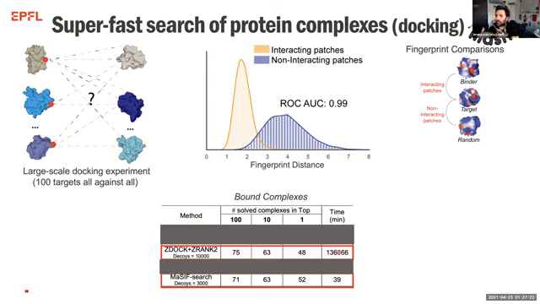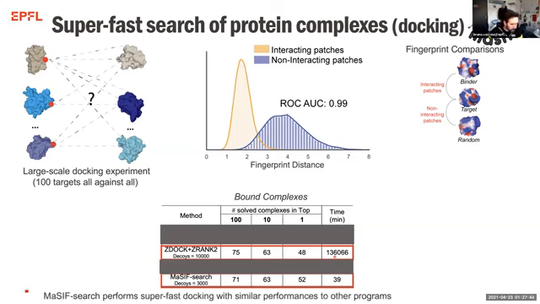And by doing just computations on vector distances, we can speed up, and we can now dock all the proteins in the proteome all against all in a very short amount of time, while ZDock would not be able to do this. So this was something relatively exciting for us, because now it speeds up the process a lot.